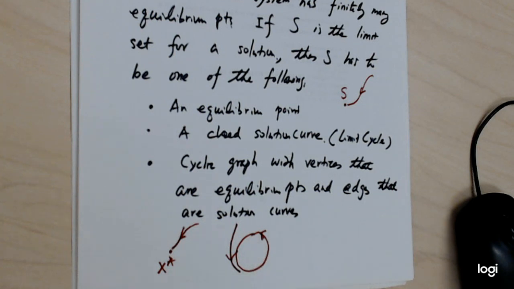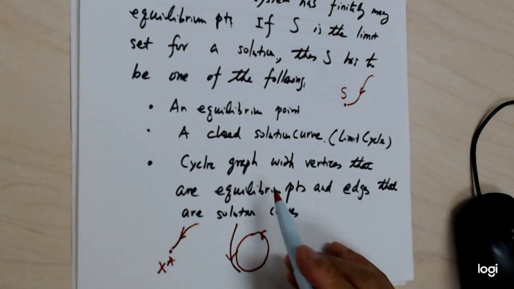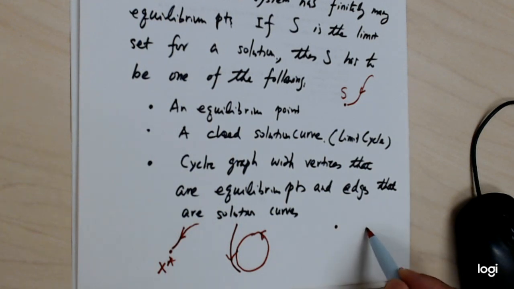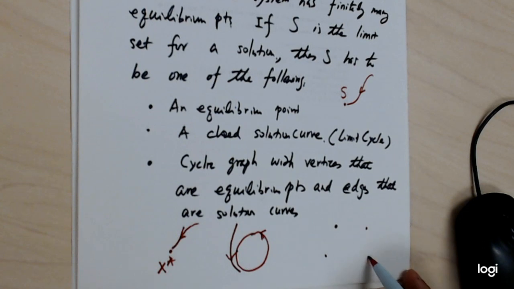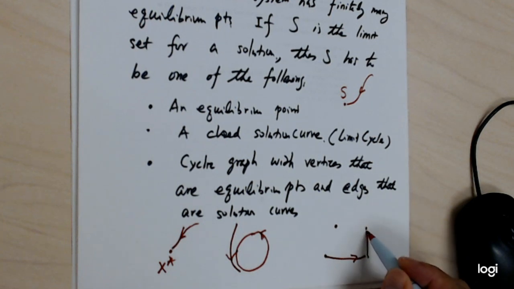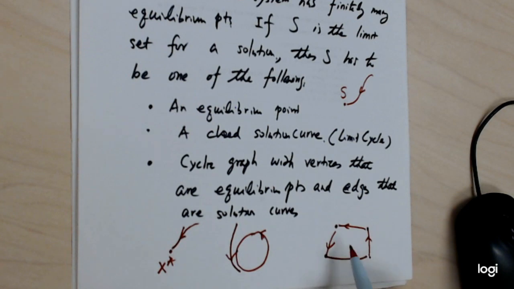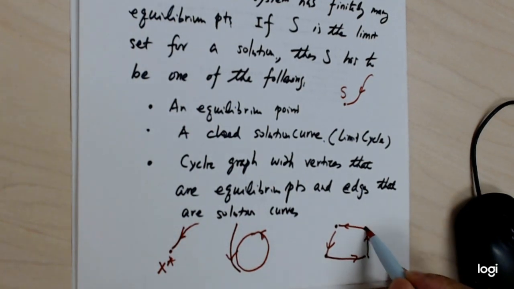The third case is it could be a cyclic graph with vertices being equilibrium points. Let's say here we have equilibrium 1, 2, 3, and 4, and there may be solution curves connecting them all. So here this one has 4 equilibrium points with solutions connecting them all.